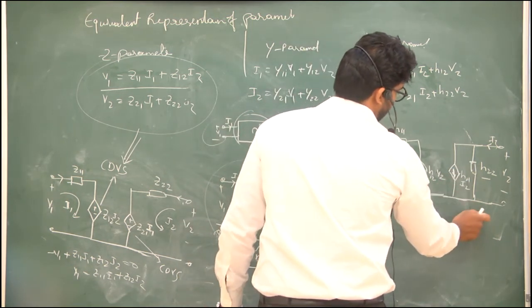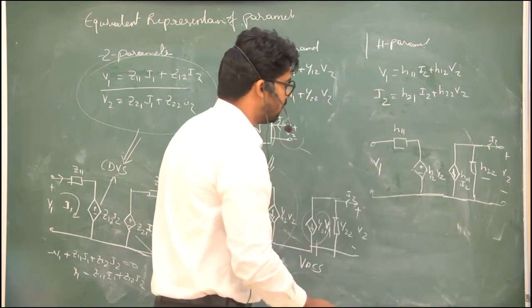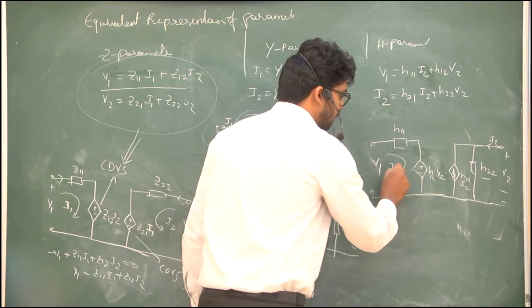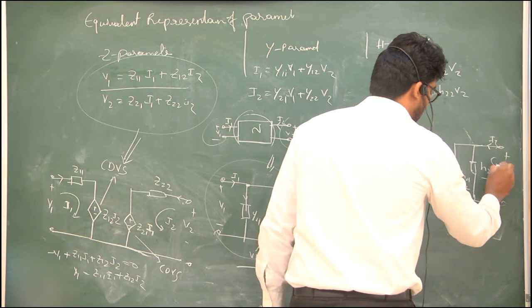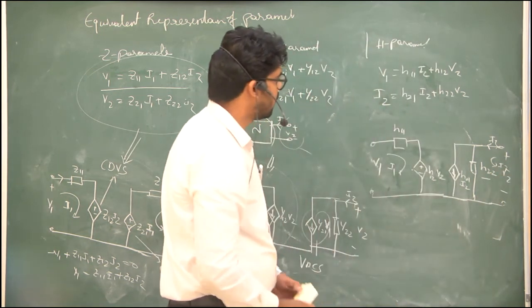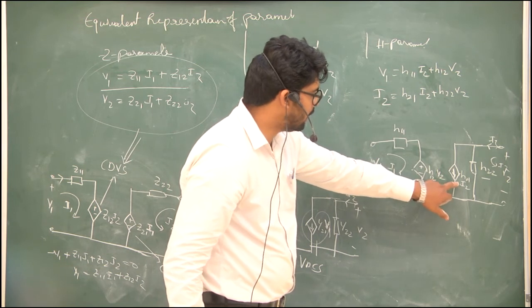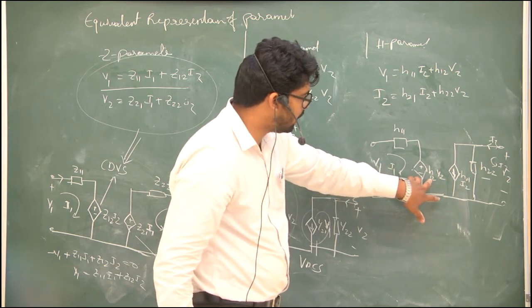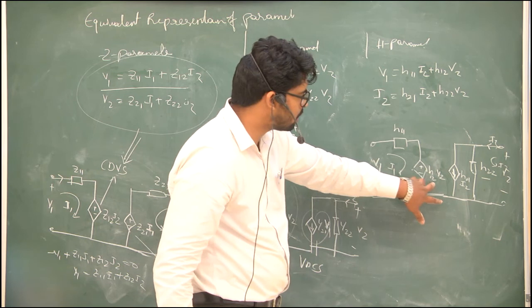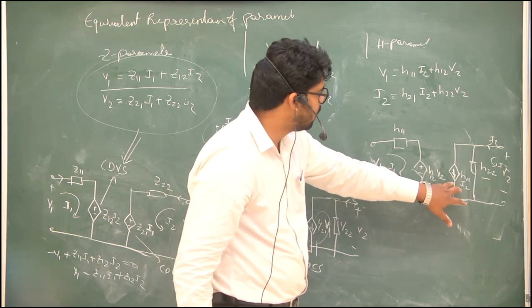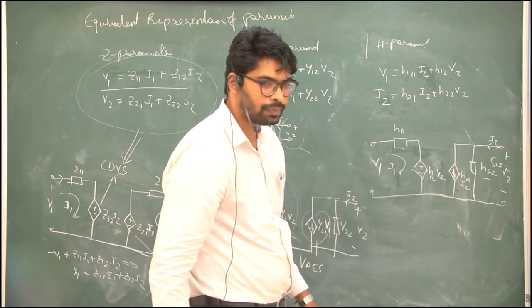So this is the equivalent representation, with current I1 and current I2. If you observe carefully, here h12 into V2 is a voltage dependent voltage source, and this is a current dependent current source.